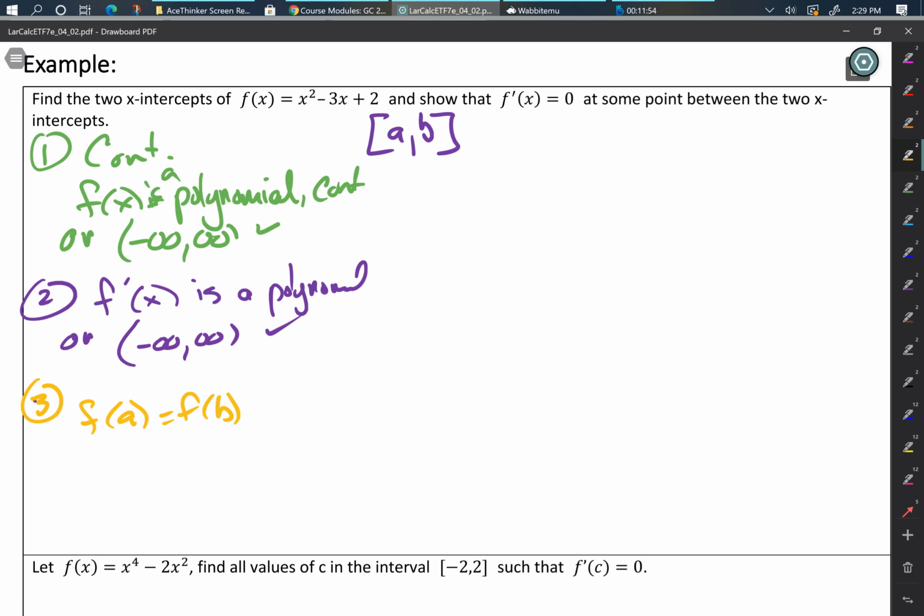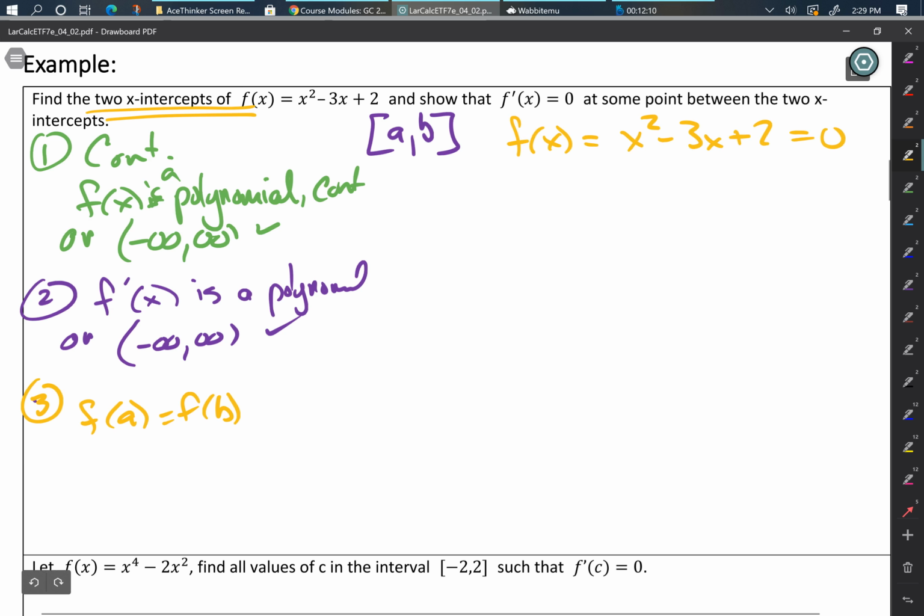Right. Now to find a and b, they want us to find those two x-intercepts. I'm going to find the x-intercepts by taking my function f of x, which is x squared minus 3x plus 2, and setting it equal to 0. Now, this looks like a factorable quadratic, so I'm going to factor it. I think that's x minus 2 times x minus 1, right?